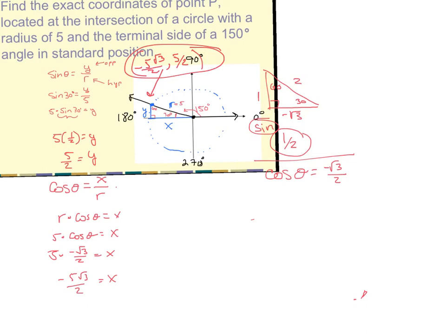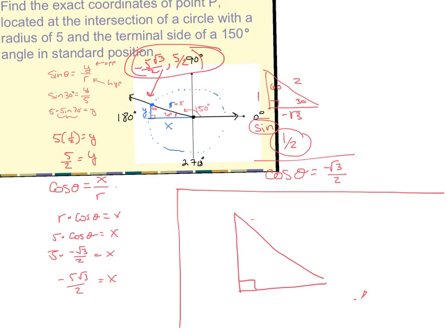Okay. Now the other way to do it, I'm going to put a little box here. There was a previous video that worked through this, but the other way to find it is I'm going to draw my right triangle in perspective. This is 30 degrees and this is 60 degrees. The ratios of the sides of the triangle are, this is always twice x, this is always x, and this is always x root 3.